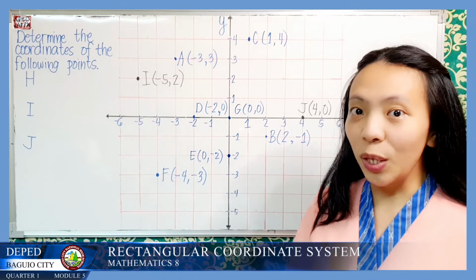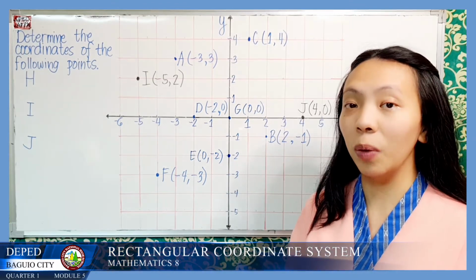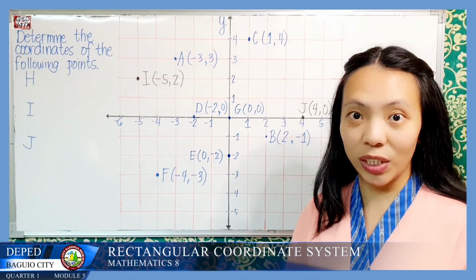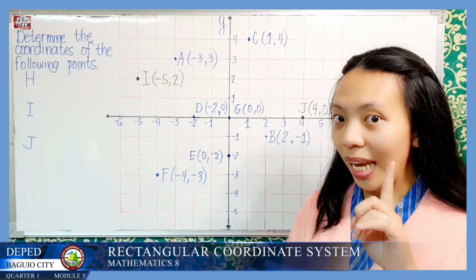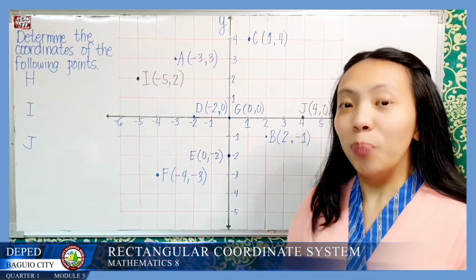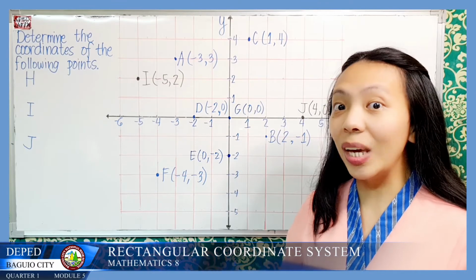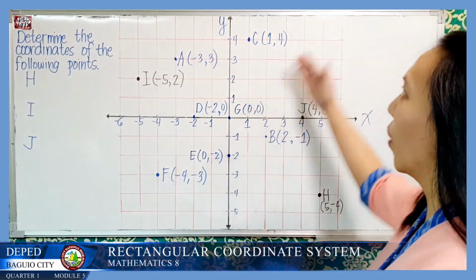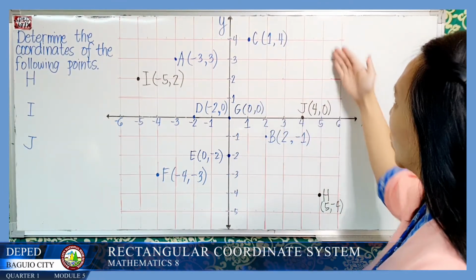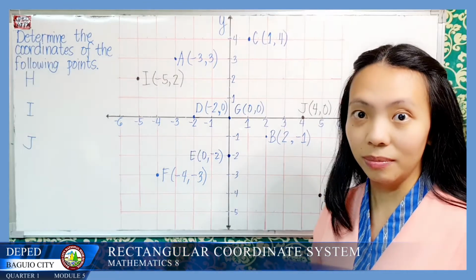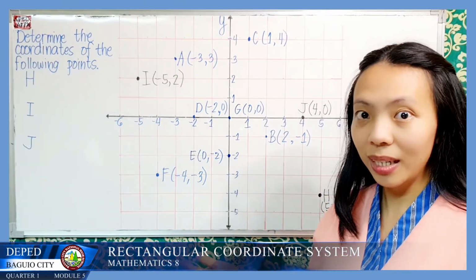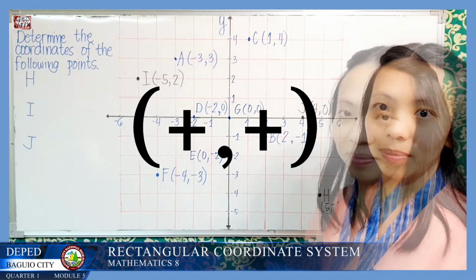Did you observe something about the points we have plotted and named in the Cartesian plane? Take note of this. Both the abscissa and the ordinate of all the points located in the first quadrant are positive. Positive abscissa and positive ordinate.